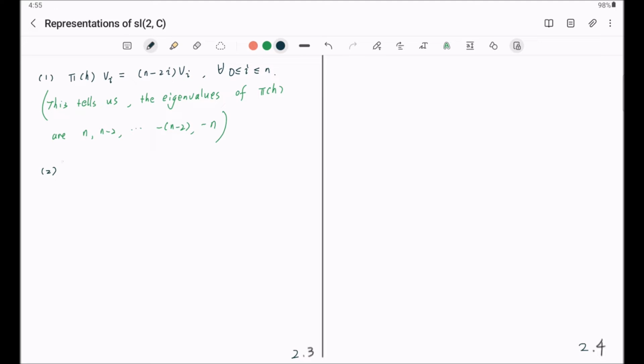The second relation is, if you first apply pi to E, the action of this linear transformation on V sub i is i times (n plus 1 minus i) times V sub i minus 1, for any i greater or equal to 0, less than or equal to n, with the convention that V sub negative 1 is 0.